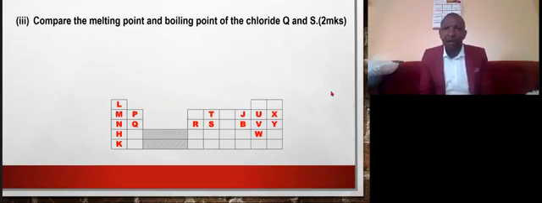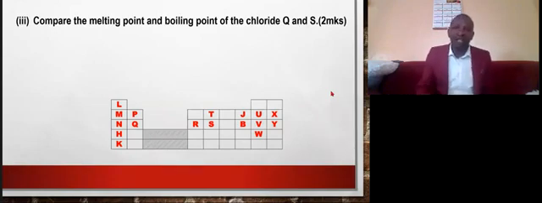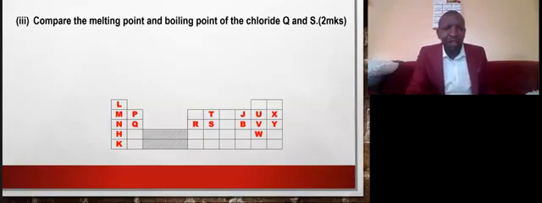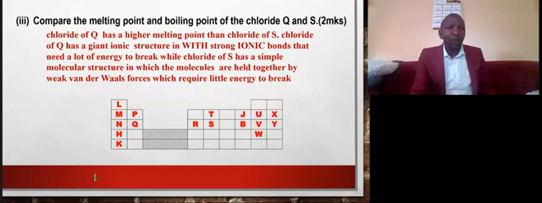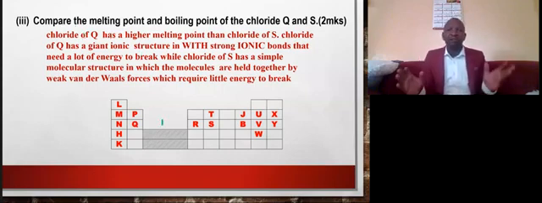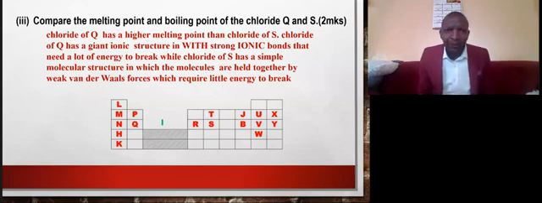Does silicon have a simple molecular structure? Yes, silicon chloride. Okay, do you understand? Yes. So just to remove the confusion in this kind of scenario, let me first give you the answer. The chloride of Q has a higher melting point than the chloride of S. That's the starting point.